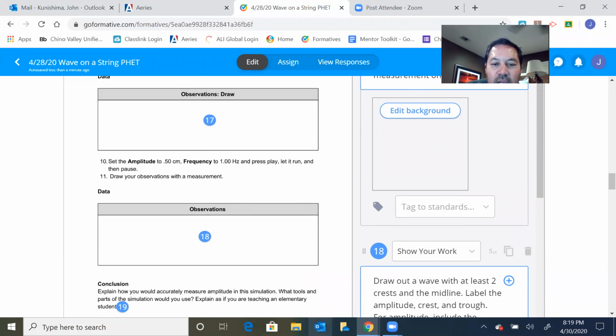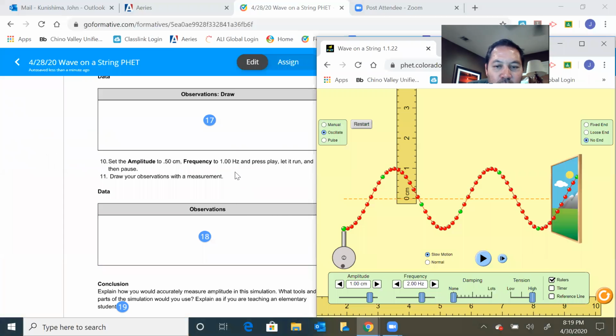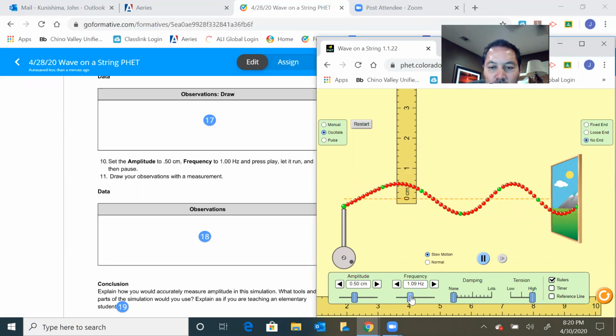Then you're going to do the same thing. And you have to draw it again, but this time you have to move your amplitude to 0.5 and your frequency to 1.0.